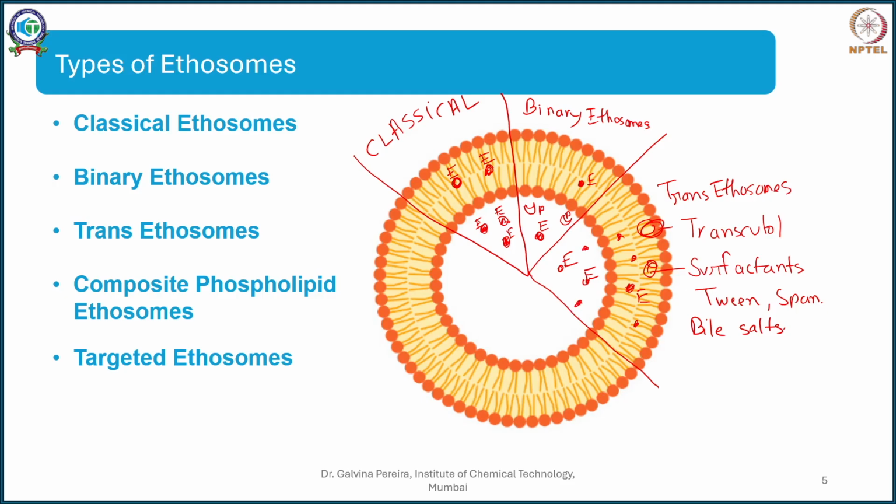In some cases, the stability of this bilayer is enhanced by the addition of hydrogenated fatty acids, or phospholipids containing hydrogenated fatty acids. Now many a time when you talk about lecithin, such as soy lecithin or egg lecithin, it contains a phosphatidyl group as well as fatty acids, and many times these fatty acids may be unsaturated.